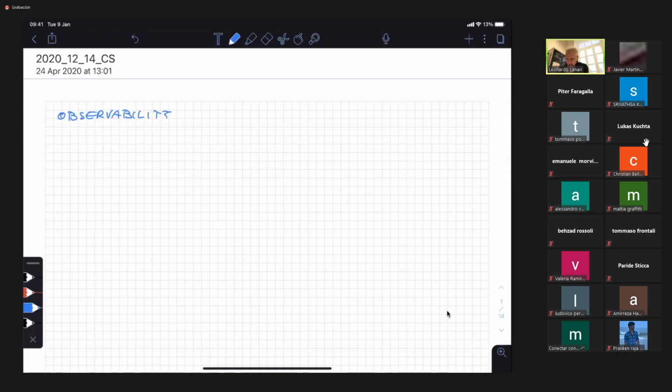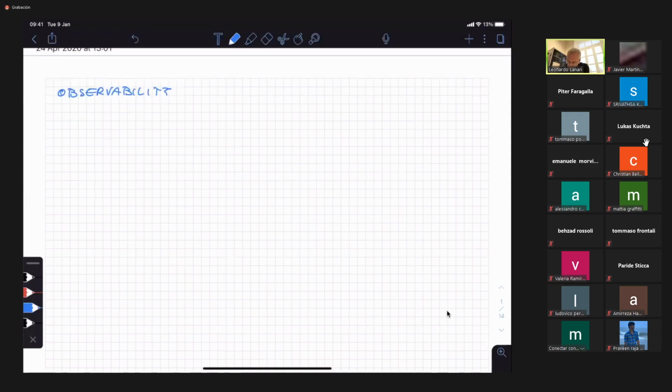And in particular, one of the critical examples was when we had two systems in parallel, for example, x1 dot equal minus x1 plus 2u1. Since they share the same input, we can write u.